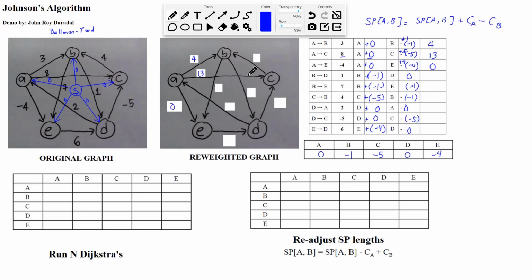Okay. BD, we have 1 minus 1 minus 0. So BD would be 0 because you have 1 minus 1 here. Okay, so BD is 0. And then BE, you have 7 minus 1 minus negative 4. So this is plus 4. So 7 minus 1 is 6.